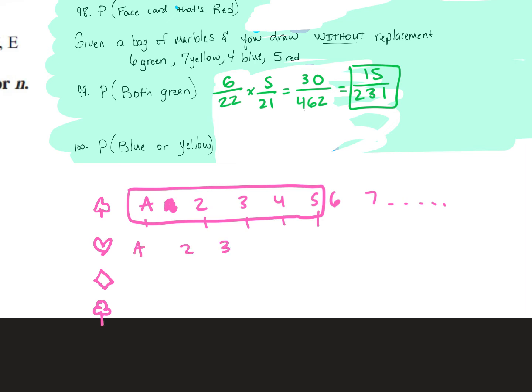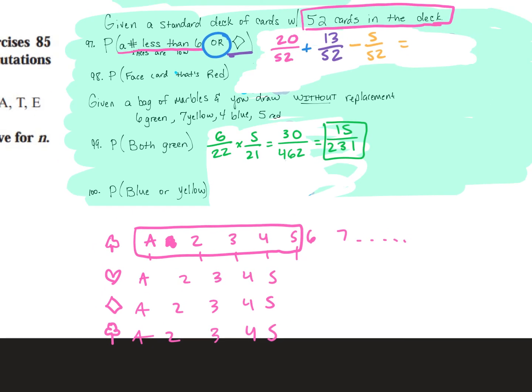So ace, 2, 3, 4, 5, ace, 2, 3, 4, 5, ace, 2, 3, 4, 5. These are the 20 that are a number less than 6. I also counted these as diamonds too, so these 5 are the ones that overlap, the diamonds that are less than 6. Since we have overlapping, we have to subtract.